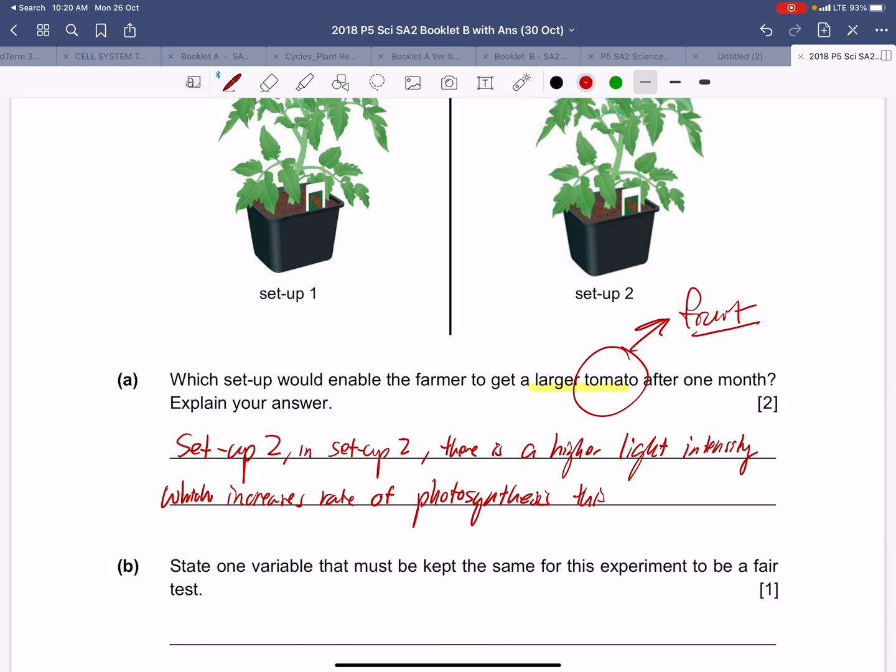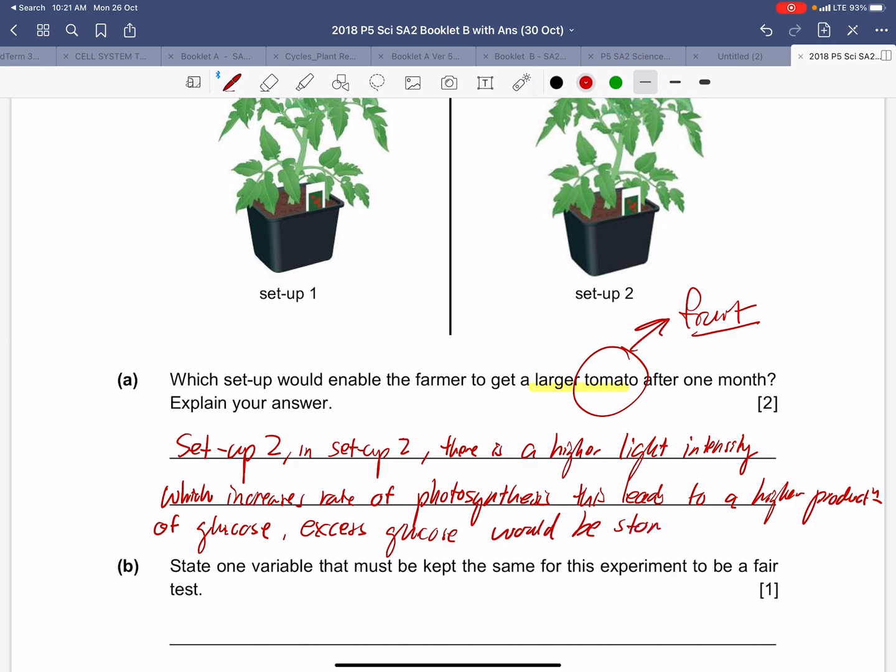This leads to a higher production of glucose, third point, and the last point would be excess glucose would be stored as starch in the fruit.